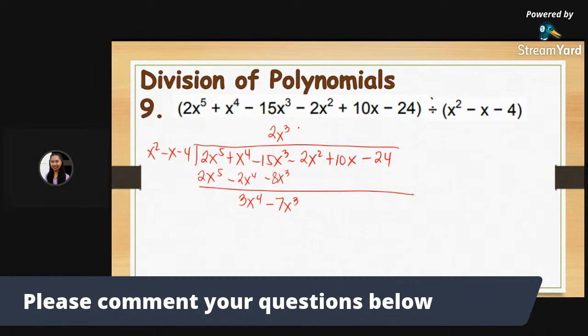We get 3x squared. So 3x to the fourth minus 3x cubed. Bring down your negative 2x squared. And 3x squared times negative 4 is negative 12x squared. So subtracting them, we get negative 4x cubed plus 10x squared plus 10x.